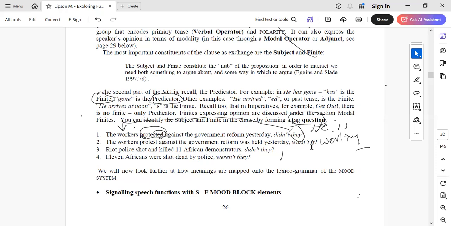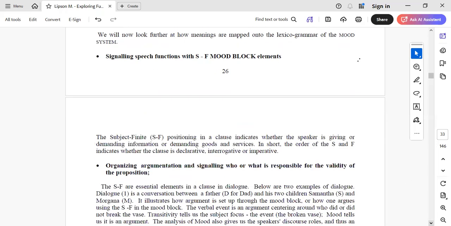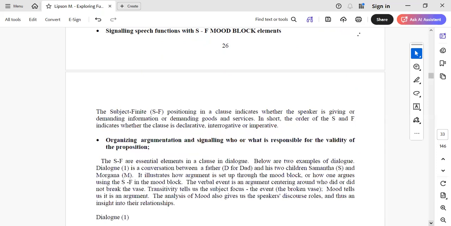Now, we will work further at how meanings are mapped onto lexical grammar of the mood system. Now, let's have a look at that. The subject-finite positioning in the clause indicates whether the speaker is giving or demanding information, or demanding goods and services.